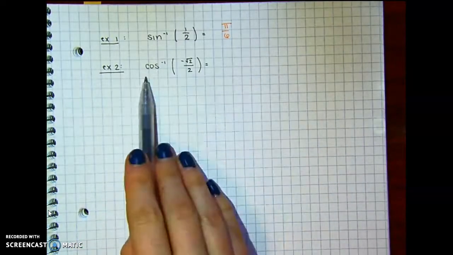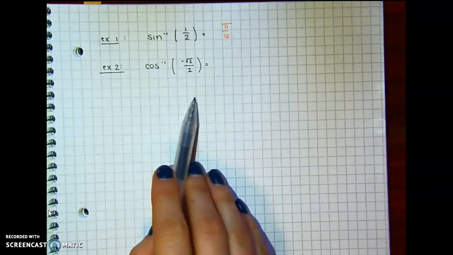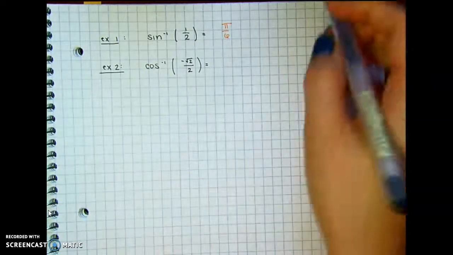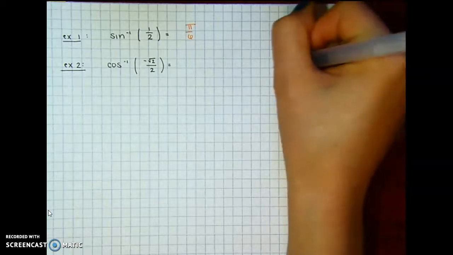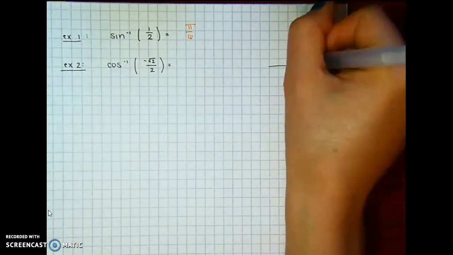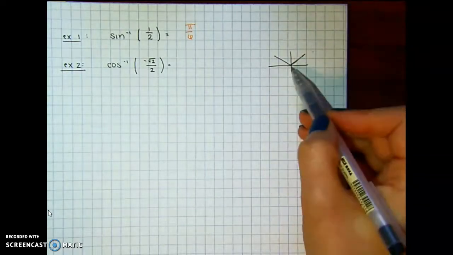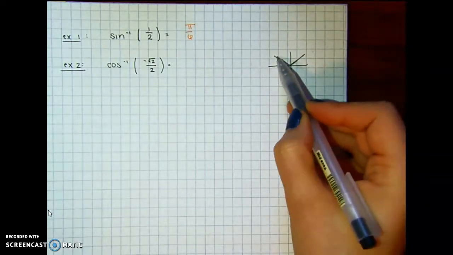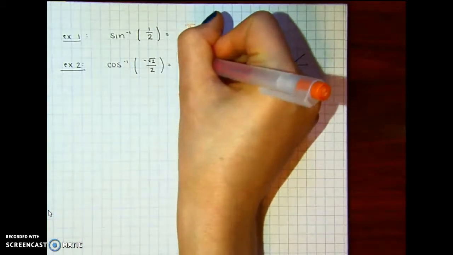So when is the x value negative root 2 over 2 within those quadrants? And you could always do a little scrap work over here and be like, okay, so here it's positive root 2 over 2, here it's negative root 2 over 2, so that's going to be 1/4, 2/4, 3/4. So 3 pi over 4.